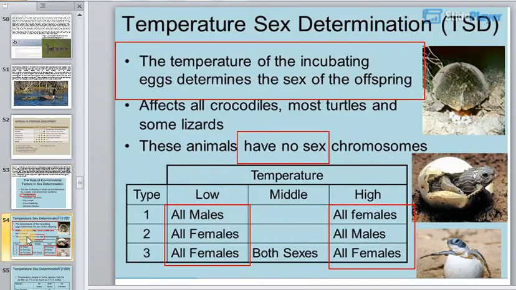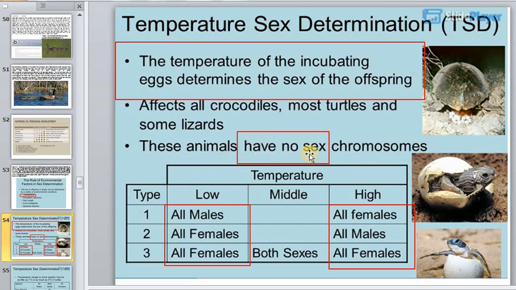I just want to show you the very important activity of the temperature for some species, not for birds, for species which we discussed in a previous practical. The temperature of the incubating eggs determines even the sex.